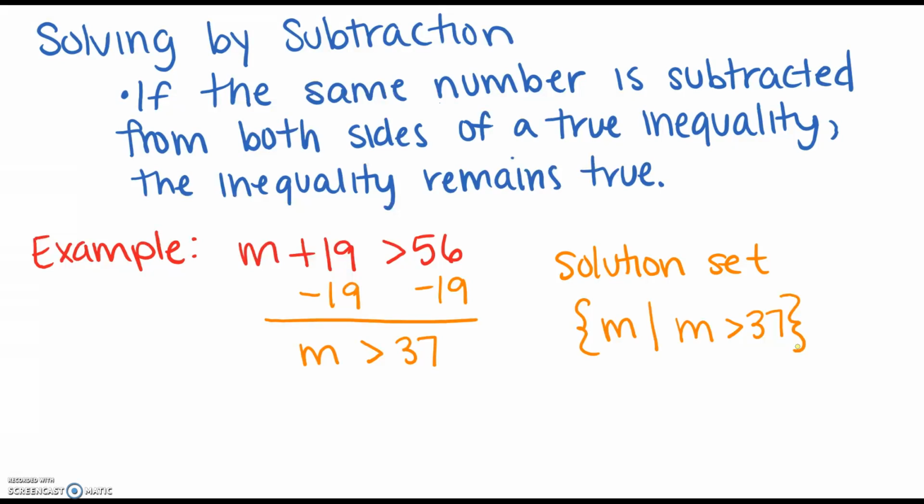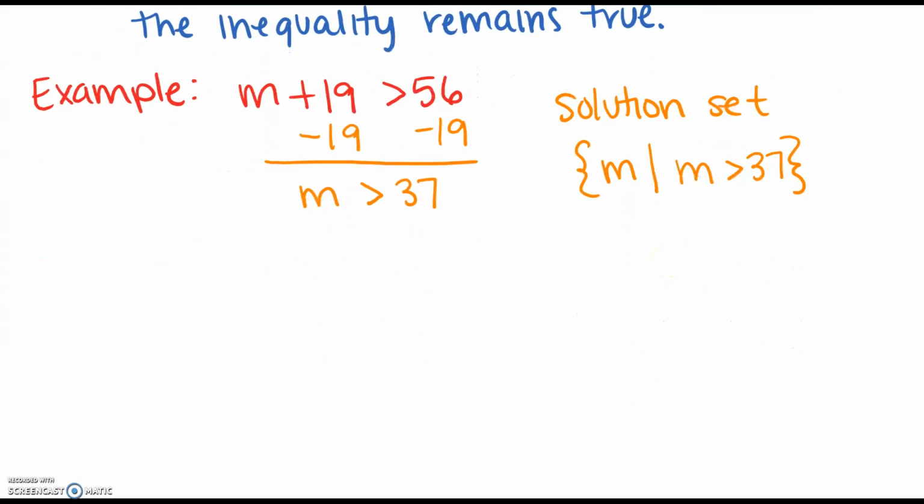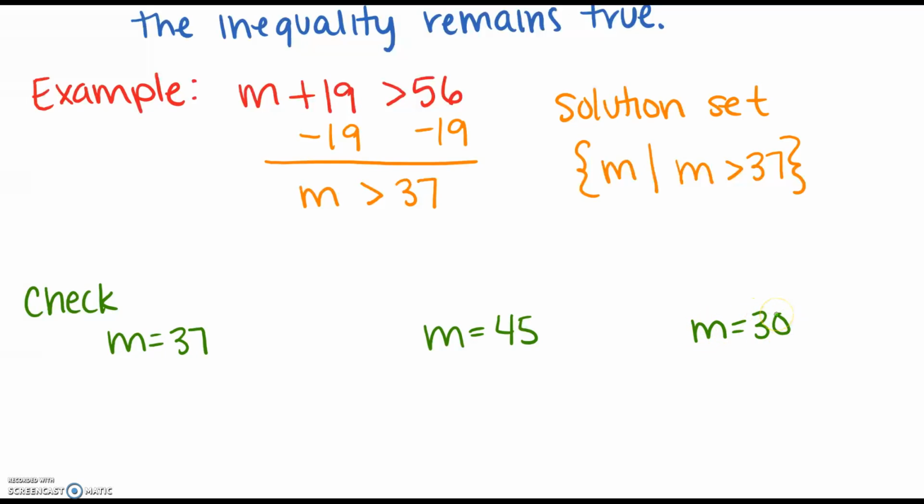Now we need to check our solution and make sure that it checks out. Let's check it at 3 different values: m equals 37, m equals 45, and m equals 30.